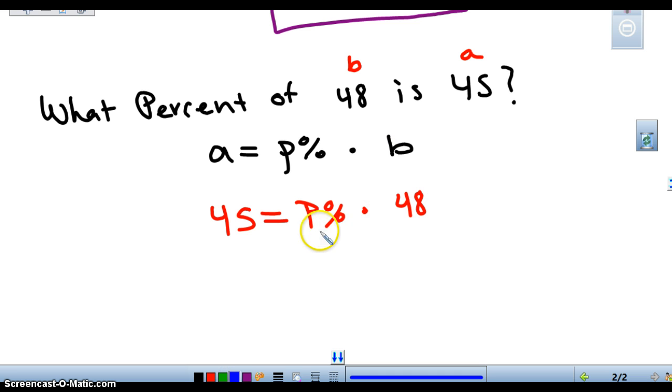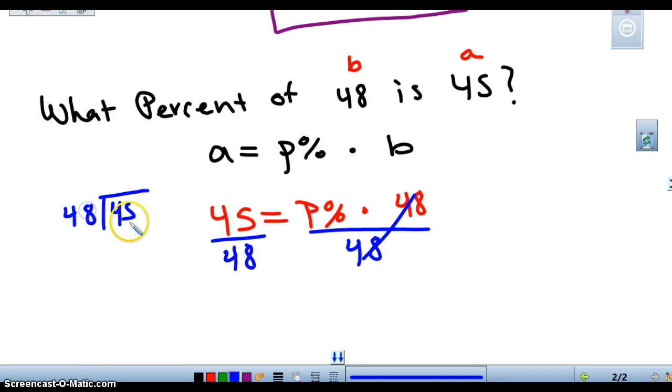What do we have to do next? Divide by 48. 48 goes into 450 about 9 times.